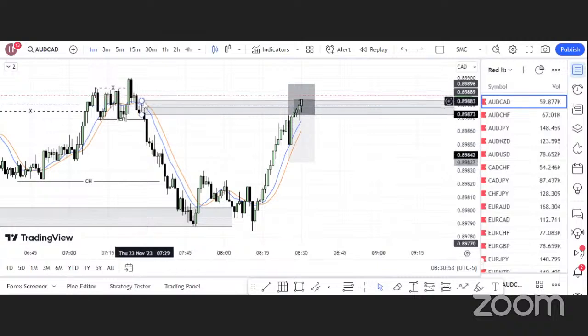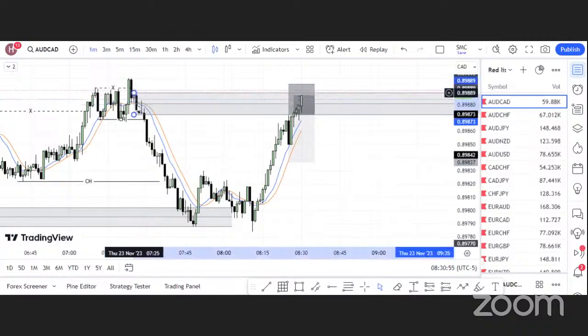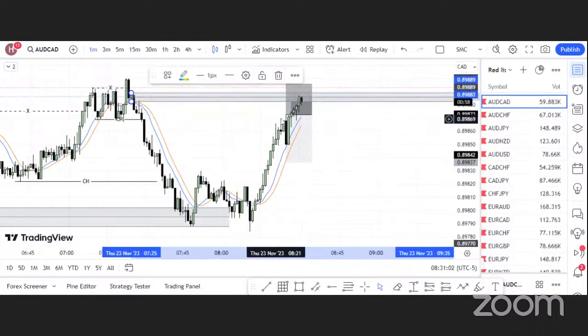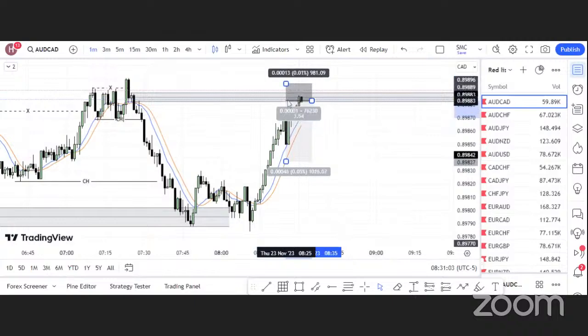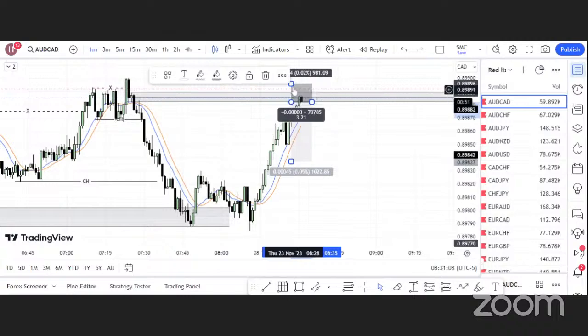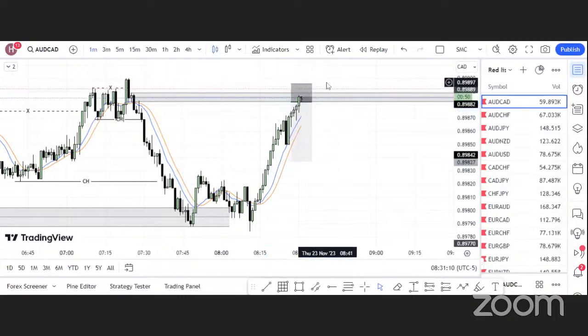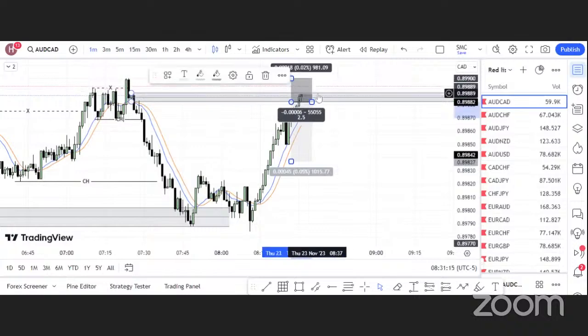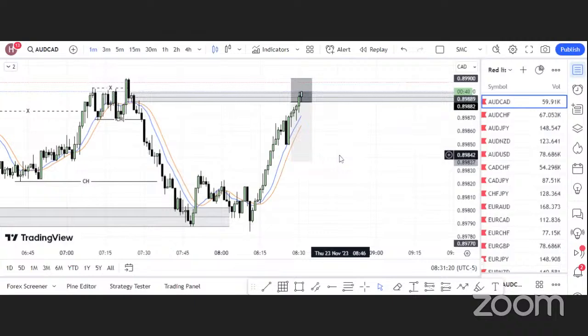Okay, so if it goes above, we also have this area. This is the last zone. If it goes above this zone, then there's no hope for any entry here.